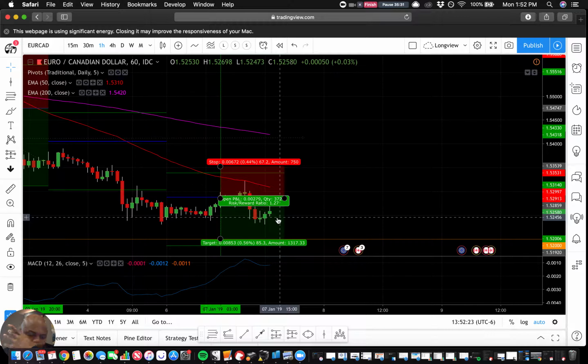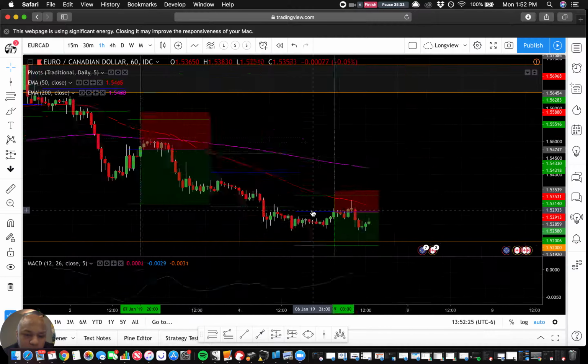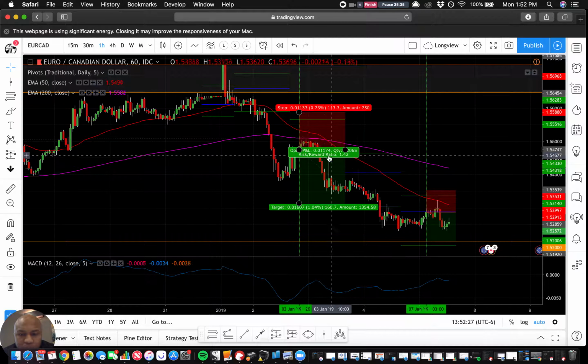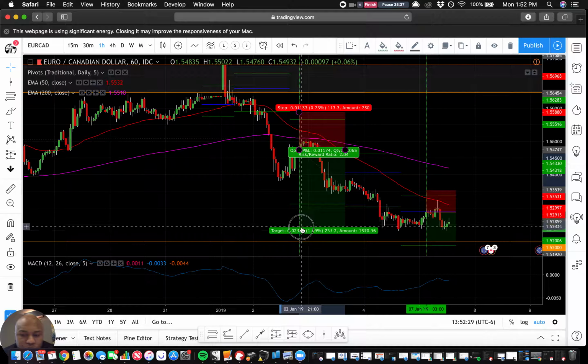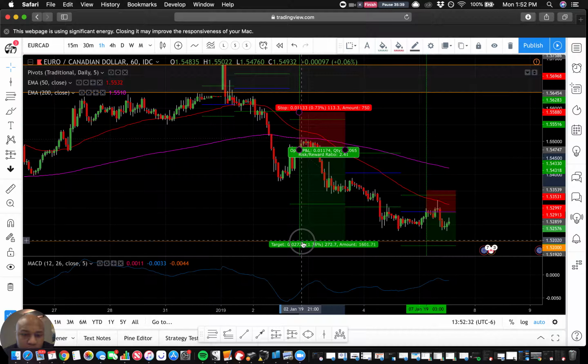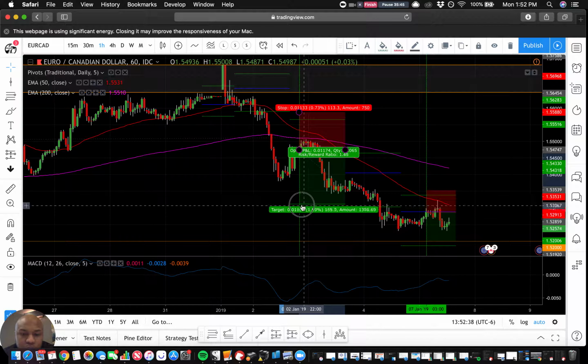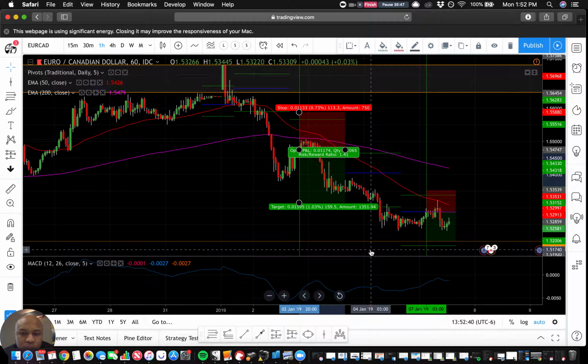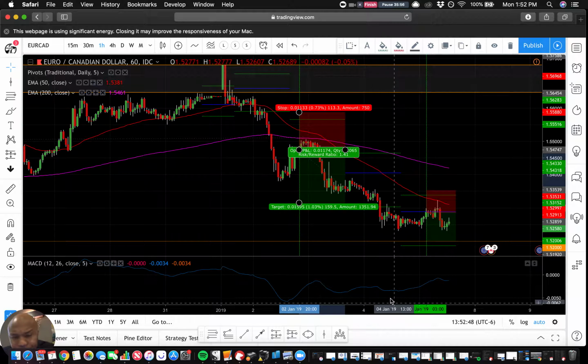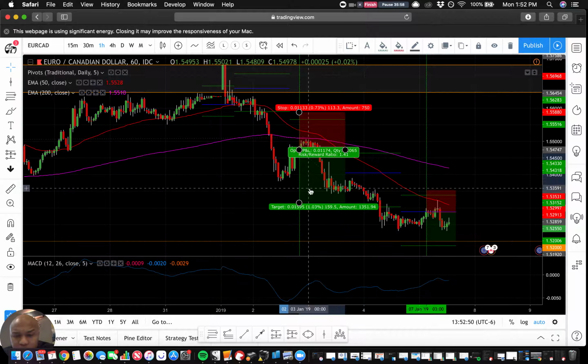So yeah, 1.27. It is what it is. If it hit that level, it's a key level. That's why I'm aiming at it. 242 plus 127 puts us at 360. Yeah, 370 probably, whatever.